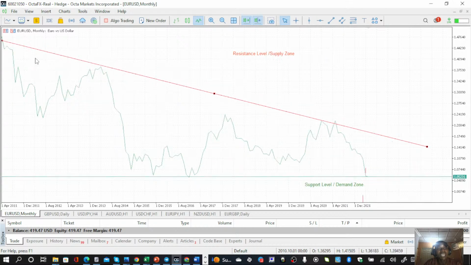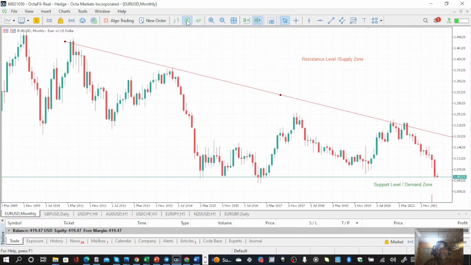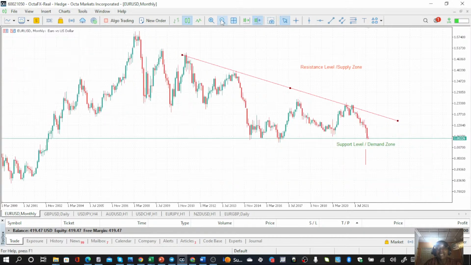Now we can see that the market generally is in a downtrend, and this is the market structure.